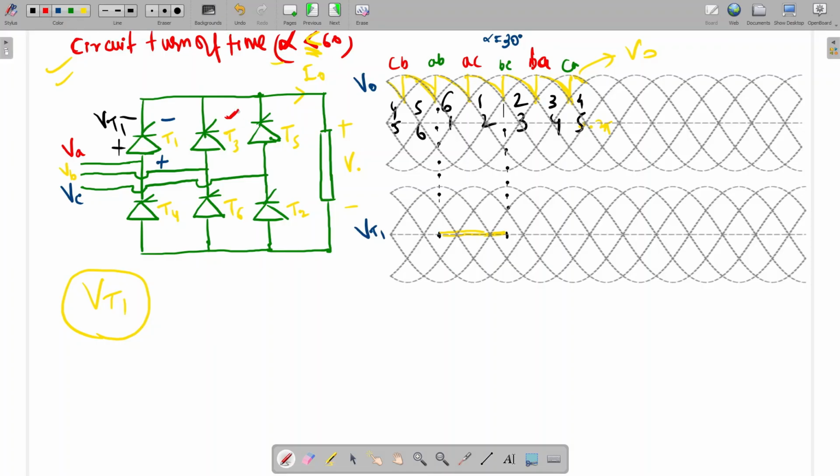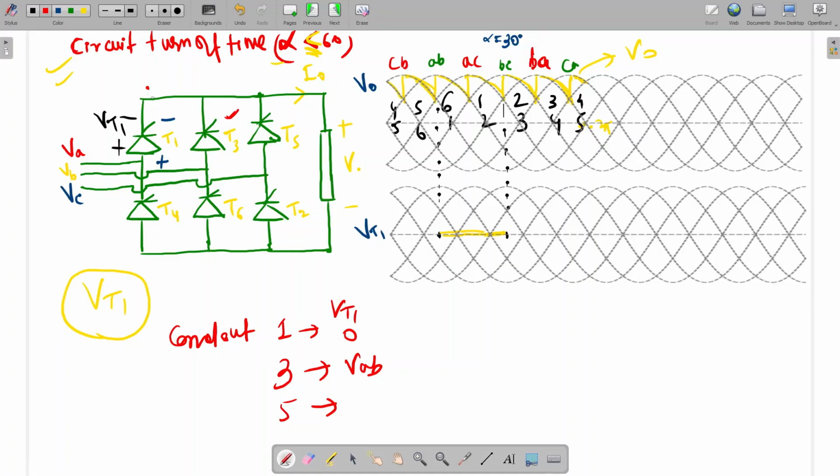If 3 conducts, B will be connected to this point, and A is already connected here. If 1 conducts, VT1 is equal to 0. If 3 conducts, VT1 is equal to VAB.